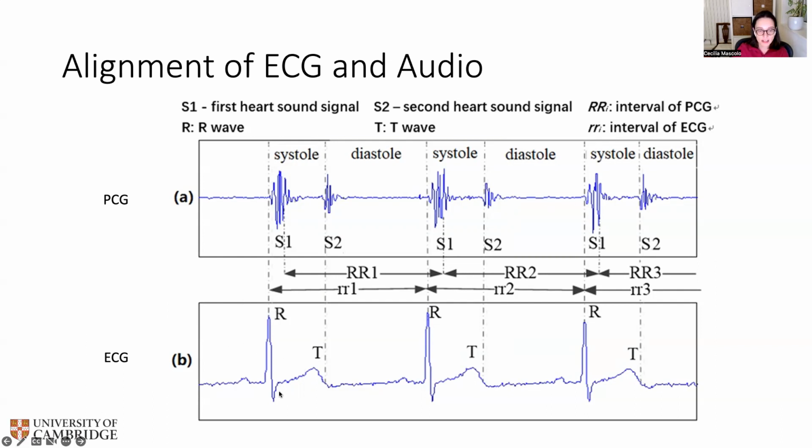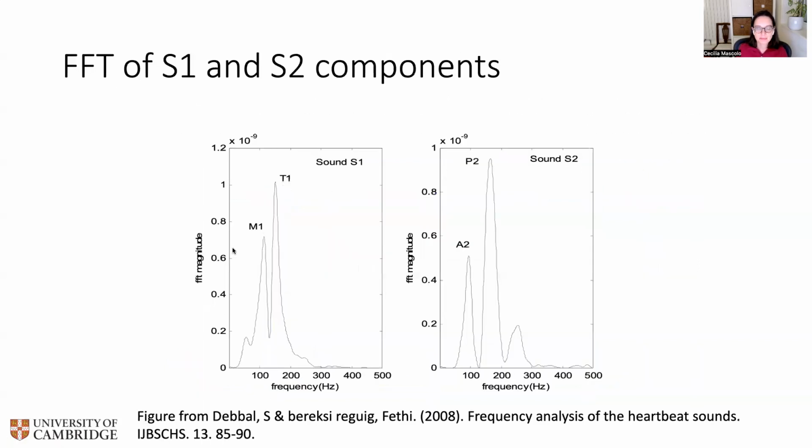So you have two sounds, the lub and the dub, and here are your sounds, and again here. So there's a correspondence of this electrical signal followed by this audio, and again the same thing for the T. For those that know their ECG very well, this is how it looks.